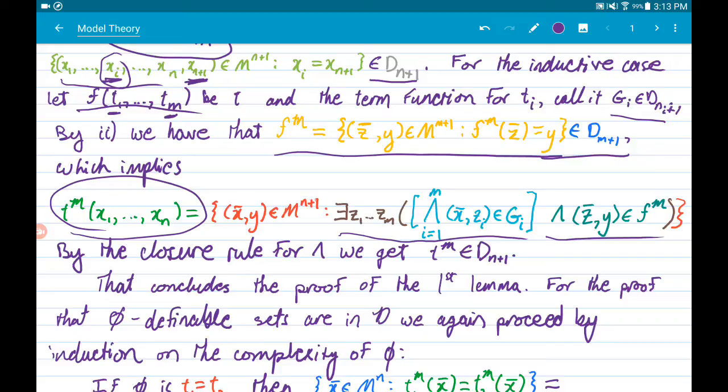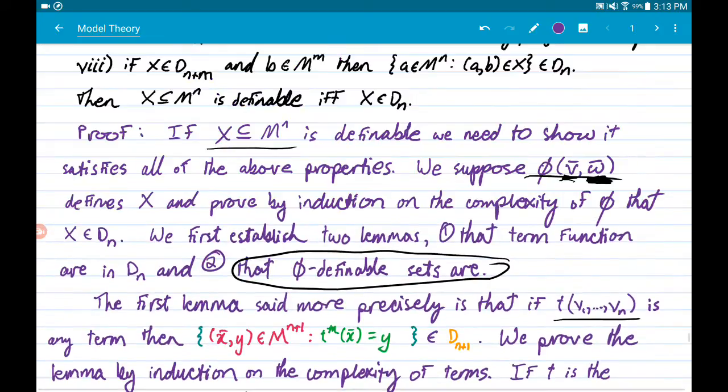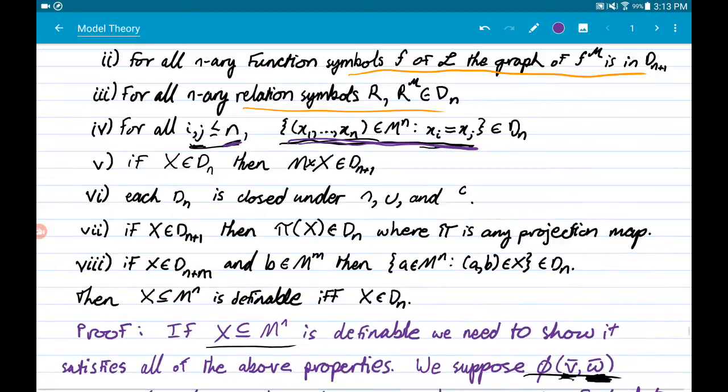But having re-expressed all of this as a formula using basically conjunctions, we can use the closure rules, the rules about being closed under intersection, union, and complement.